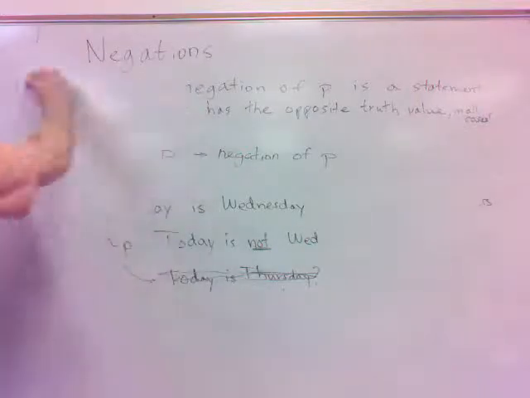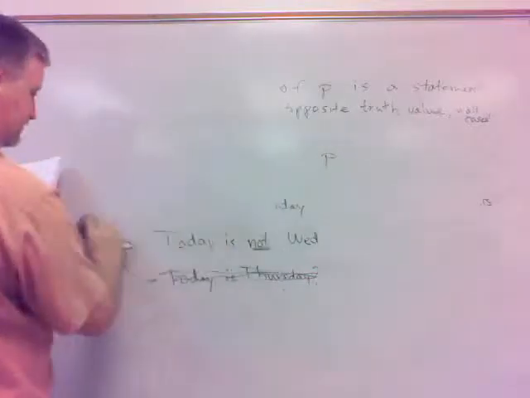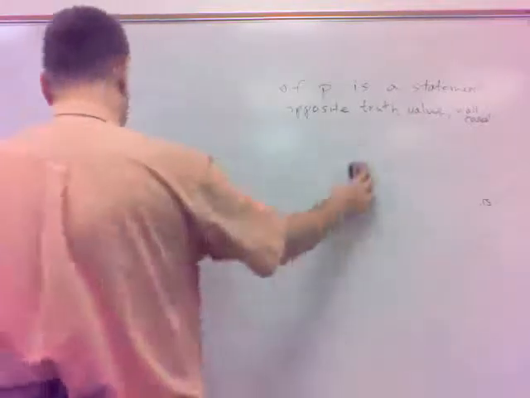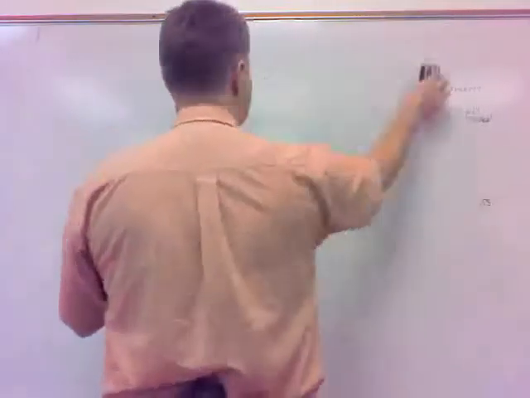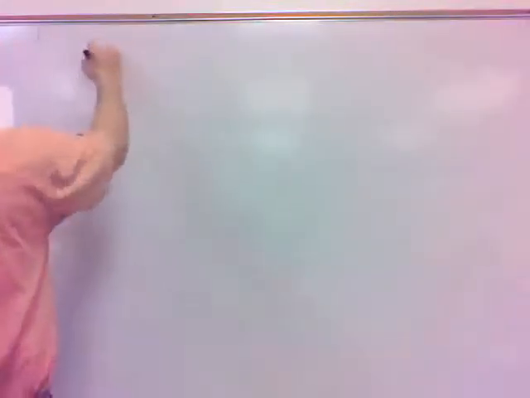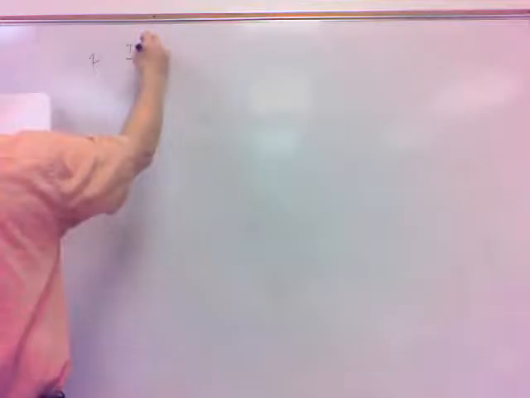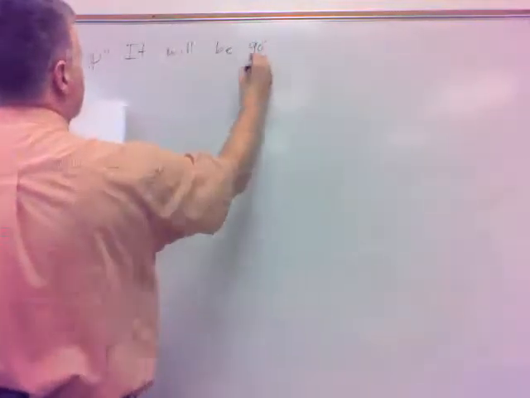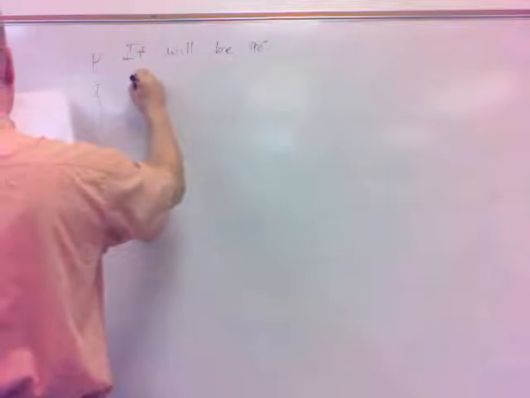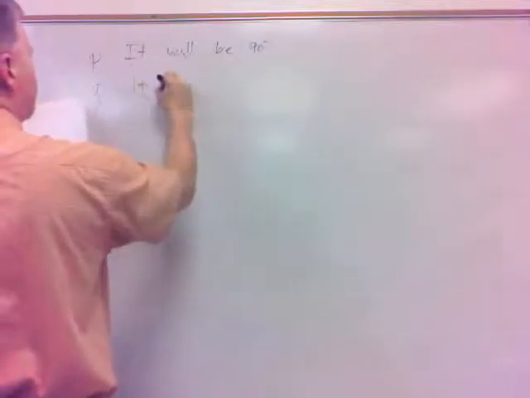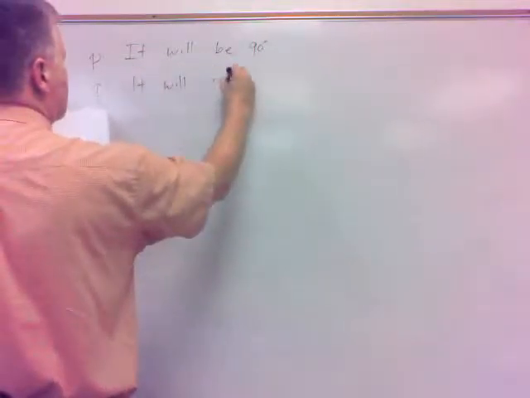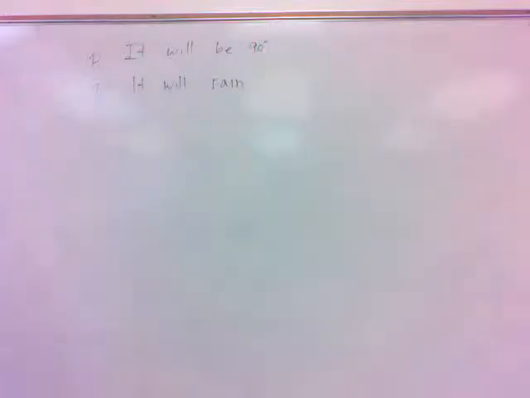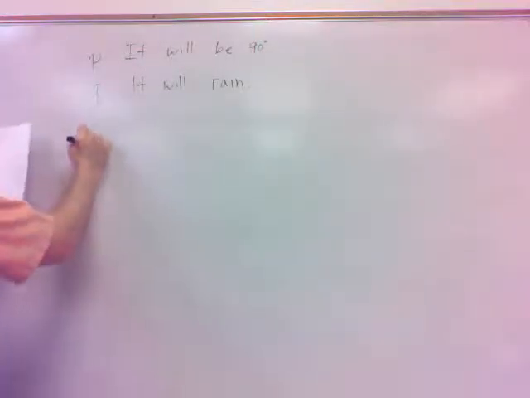Let's go back to, let's say P is it will be 90 degrees. Q is it will rain. Those are our two statements. All right. What's this then in symbols?